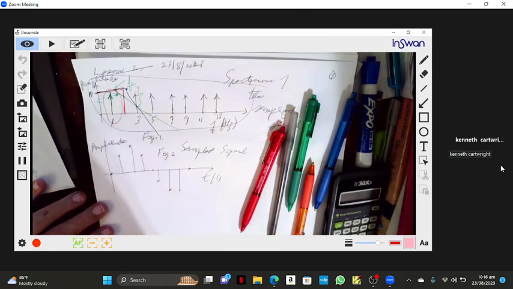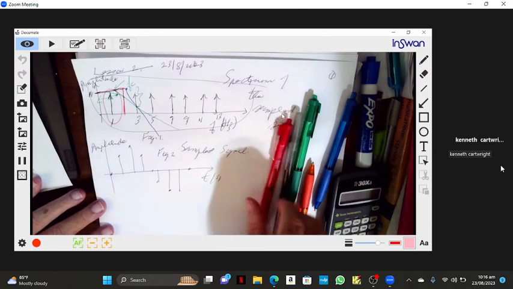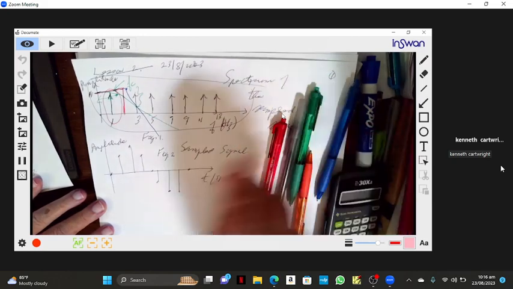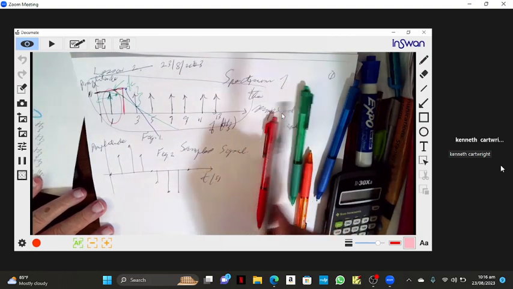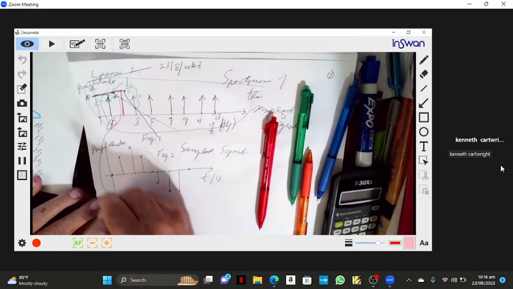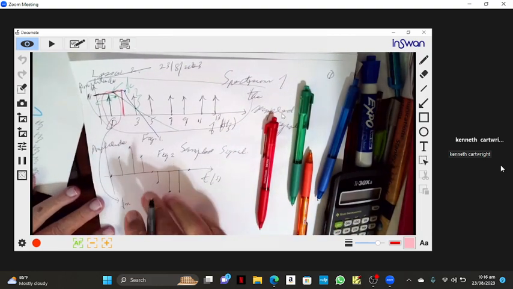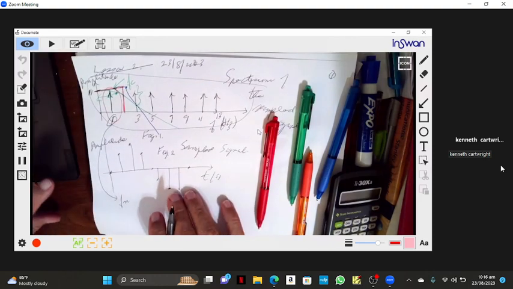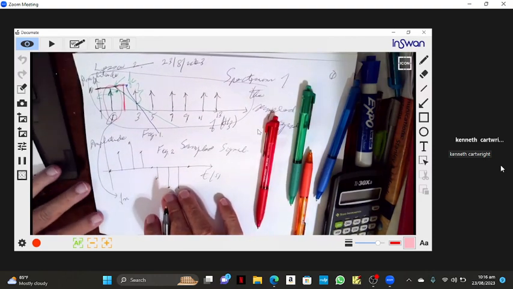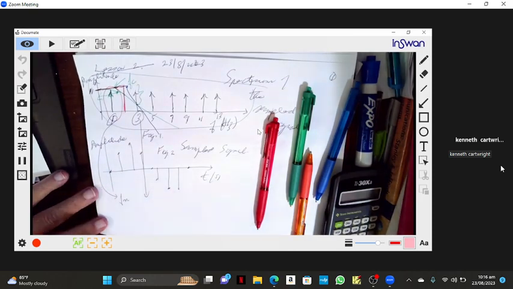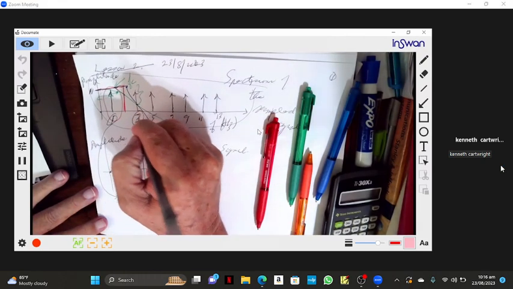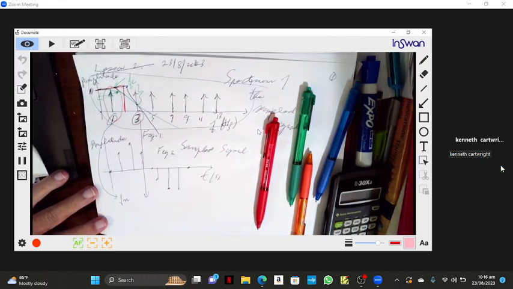So the cutoff frequency of that filter must be between 1 and 3. And this 1, remember, was FM, the maximum value of the frequency in our analog signal. And what was this value here? What was 3? Was that FS minus FM?